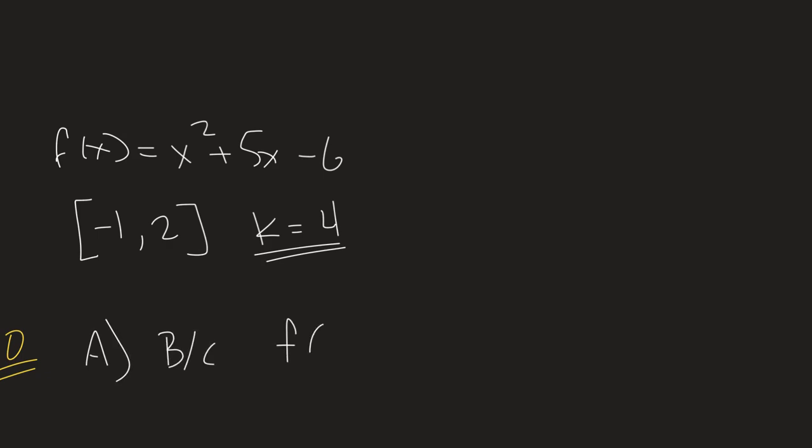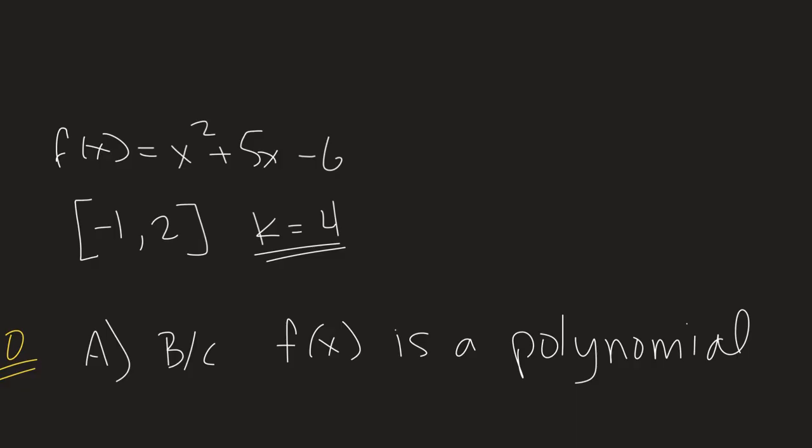So because f of x is a polynomial, all polynomials are continuous. And you can say quadratic, right? It's definitely a quadratic, but it's also a polynomial.